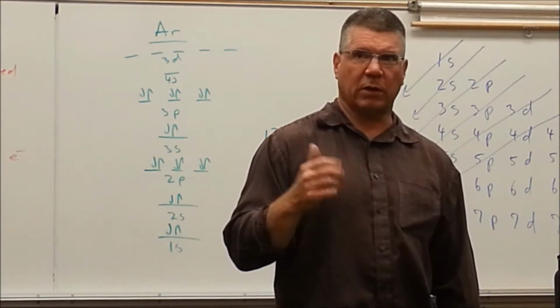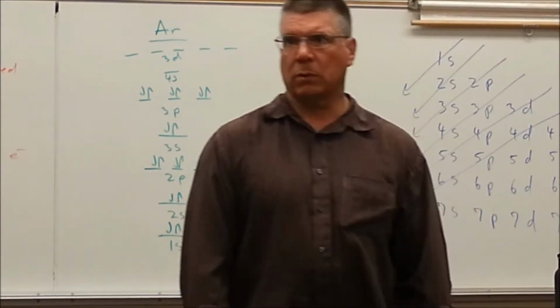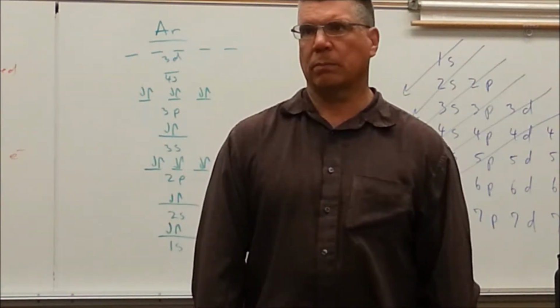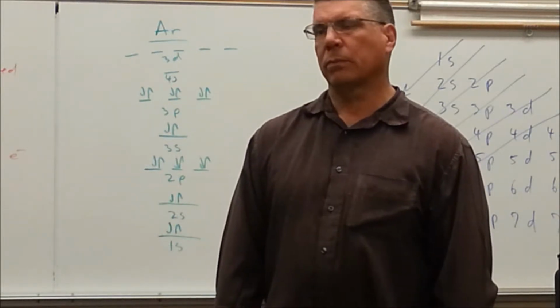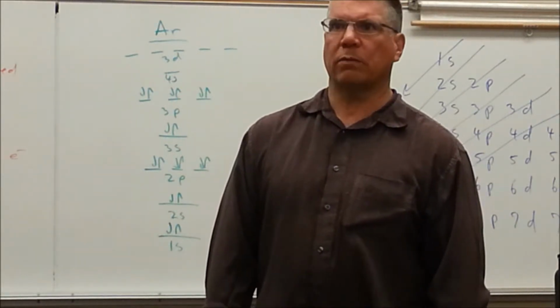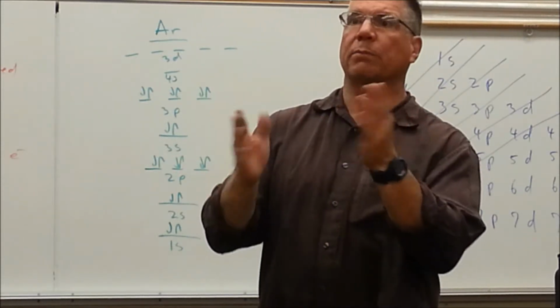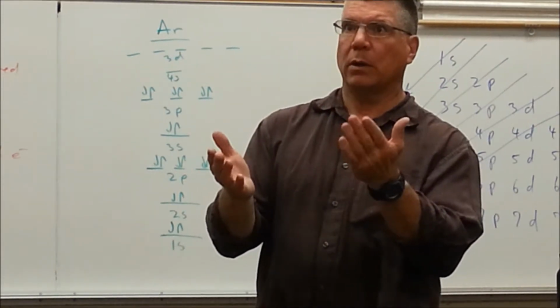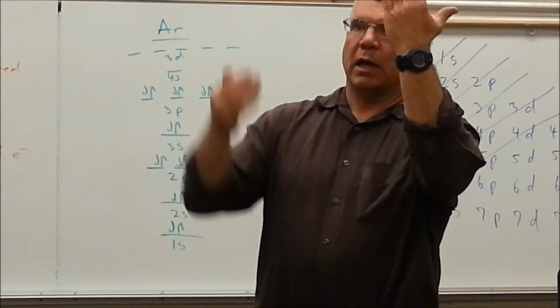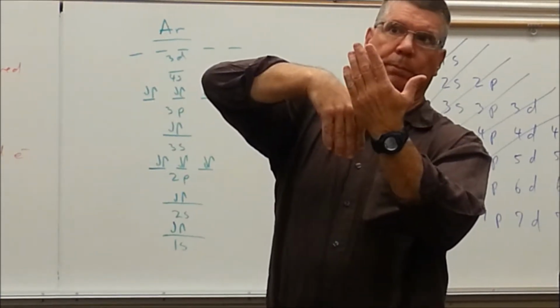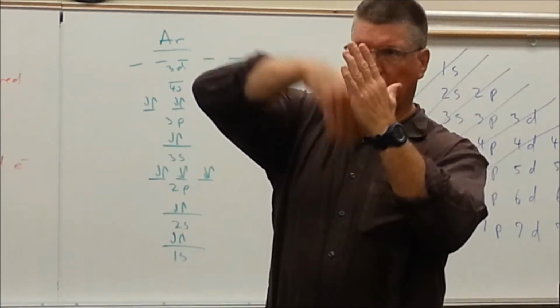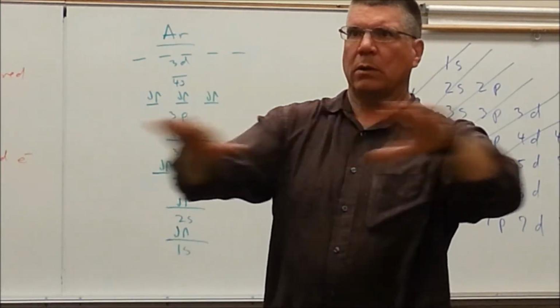So if it's diamagnetic, do they have a magnetic force with each other that cancels out overall? The electrons cancel each other out. They're all paired up. Diamagnetic means they're all paired up. So each one that's spinning this way has one right next to it spinning this way, and this magnetic field exactly cancels this magnetic field. There is none.